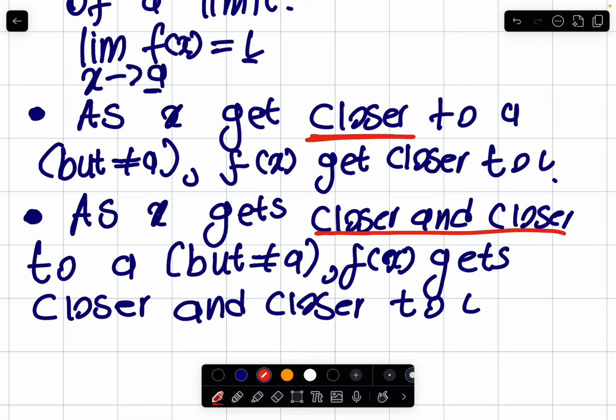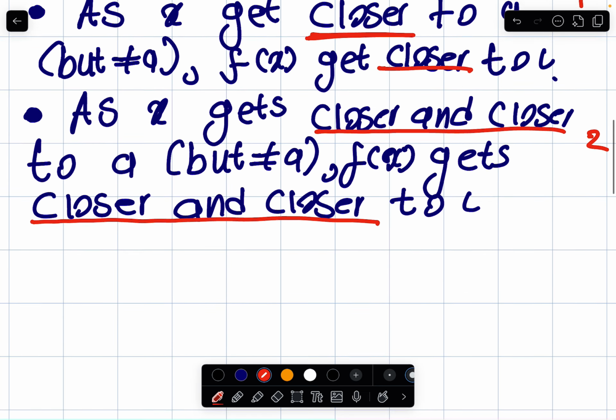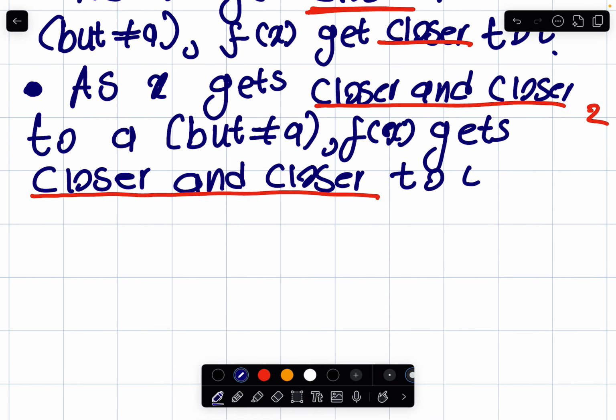Closer and closer. Here we have 1 closer, here we have 2 closers. Understand? So let's check another point.